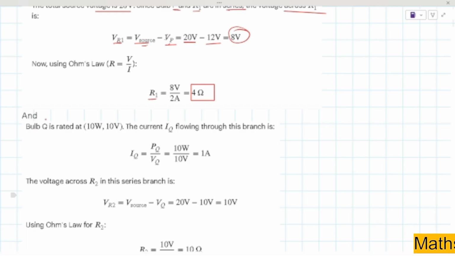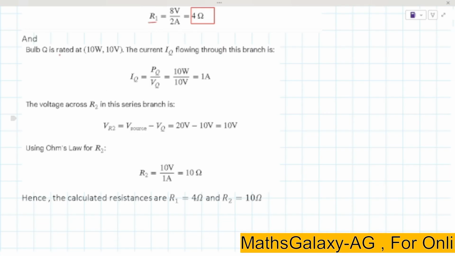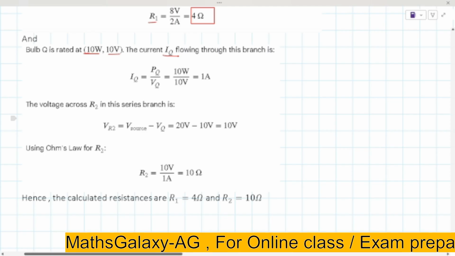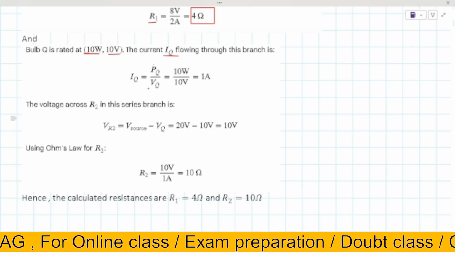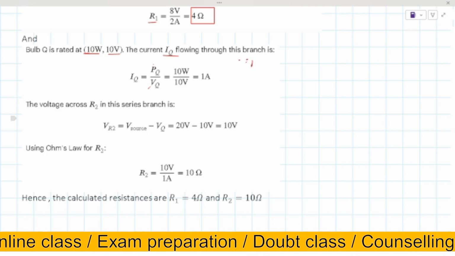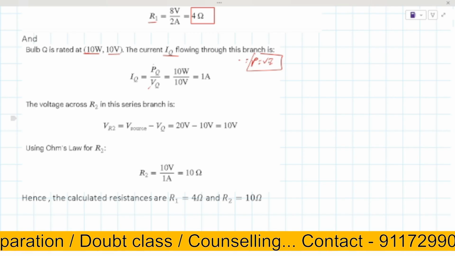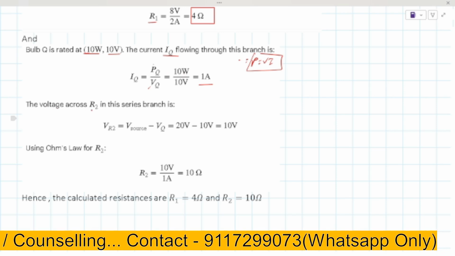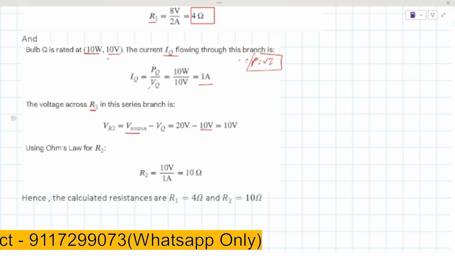After that, finally we will find it for bulb Q at 10 volt, and the current through Q will flow by the formula I equals P by V. So it will be 1 ampere. Now the voltage across R2 is 10 volt, which is given.